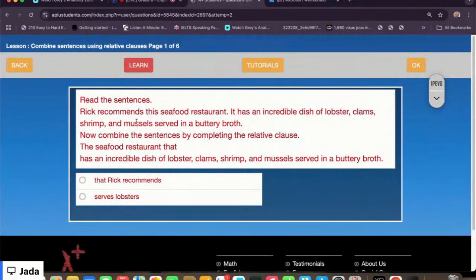Rick recommends this seafood restaurant. It has an incredible dish of lobster, clams, shrimp, and mussels served in a buttery broth. Now combine the sentences by completing the relative clause. The seafood restaurant that dash has an incredible dish of lobsters, clams, shrimp, and mussels served in a buttery broth. So what's the right answer here?